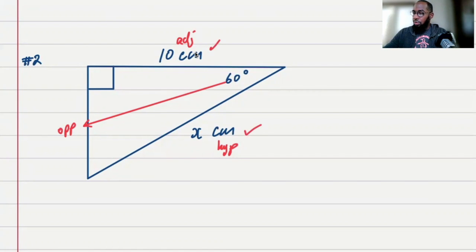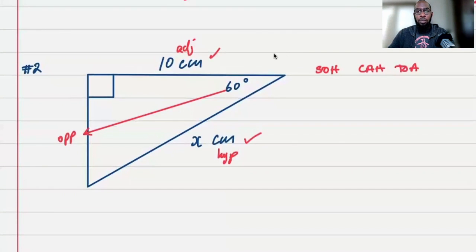Our trig ratio is sohcahtoa. So we need a trig ratio with hypotenuse and adjacent. We have hypotenuse and adjacent here, so it's cosine we are going to use.